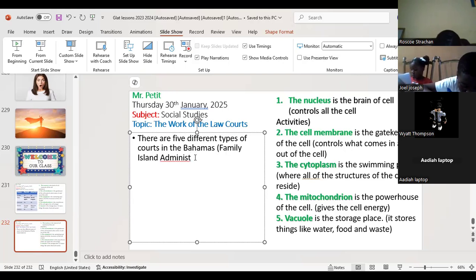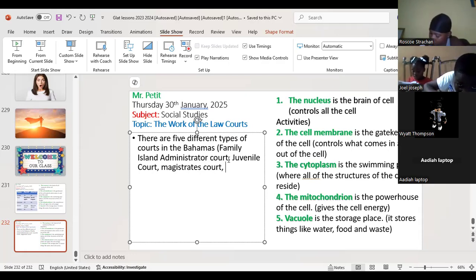Family Island administrative court. You have the juvenile court. You have the magistrates court. You have the Supreme Court.